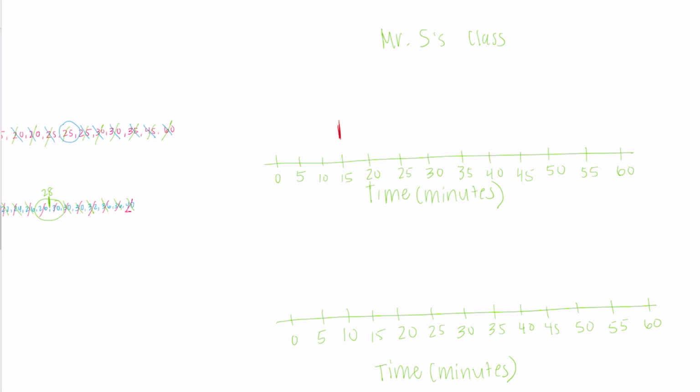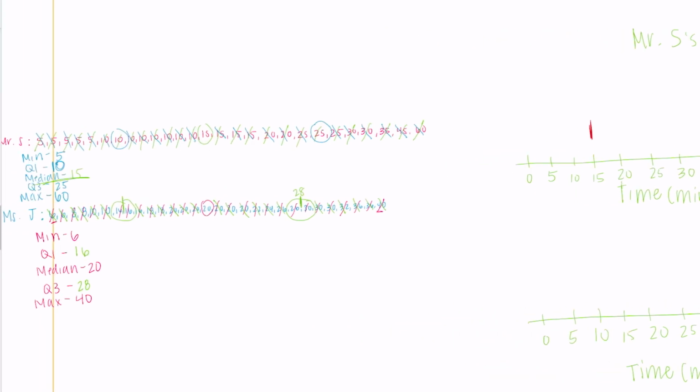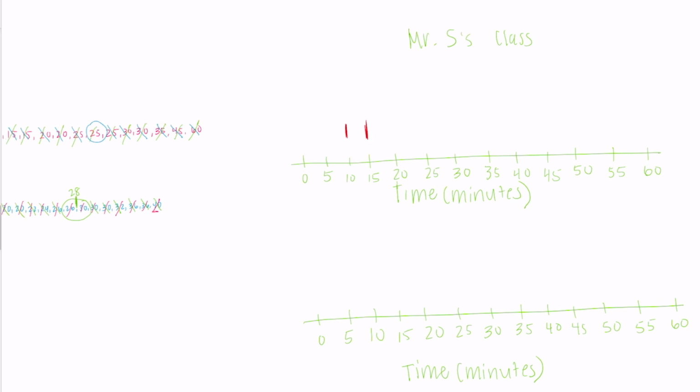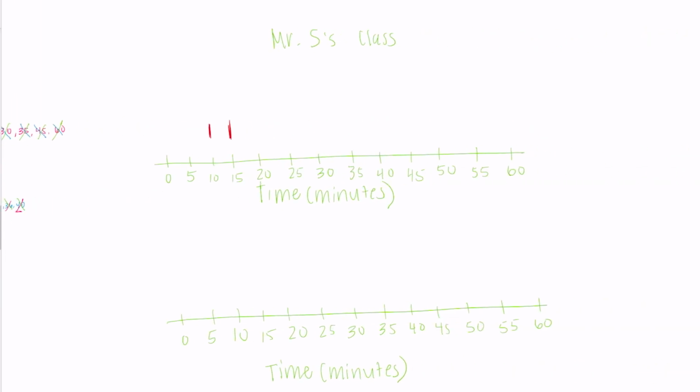15. Now my quartile 1 is 10, so I'm going to draw another line at 10. And quartile 3 is 25. I'm going to draw a line over here. And then I'm going to make it into a rectangle by connecting them.